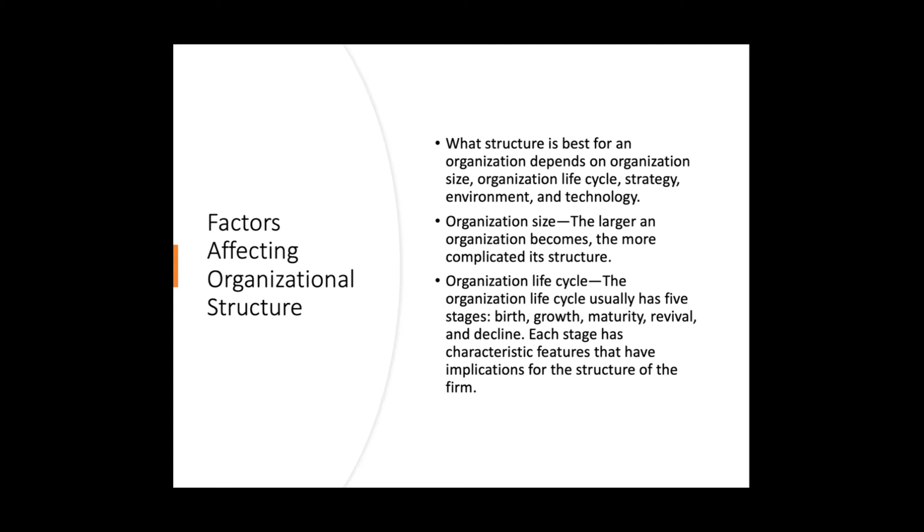And so some of the things that will influence your best choice of structure will include the size of the organization, where the organization is in terms of its natural life cycle, more on that in a slide. What is the strategy you are bringing into the marketplace? And then what is your alignment with the external environment? Remember, when we talked about strategy before, those are 2 very important matters, right?